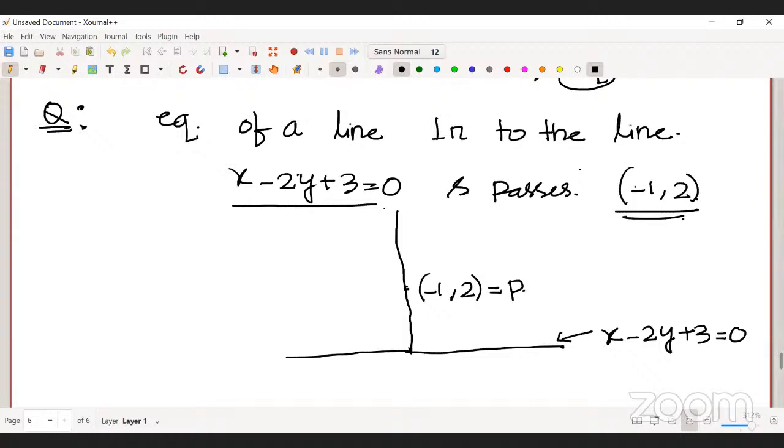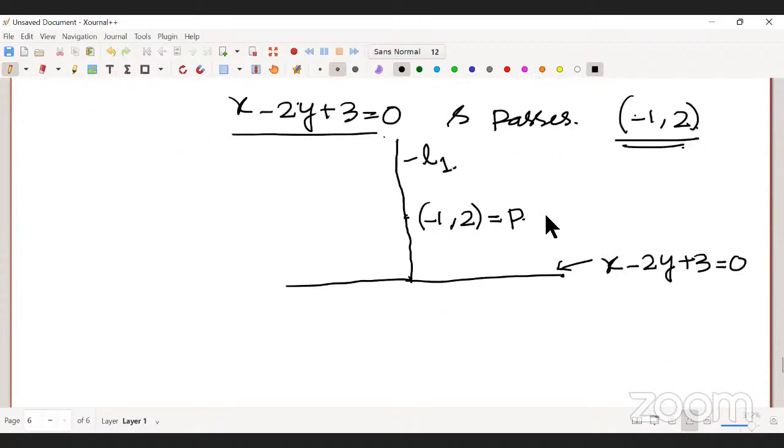So the first thing I need to do is find the slope of L1. What is the slope? Minus 1 by minus 2, that's 1 by 2. So the slope is 1 by 2.